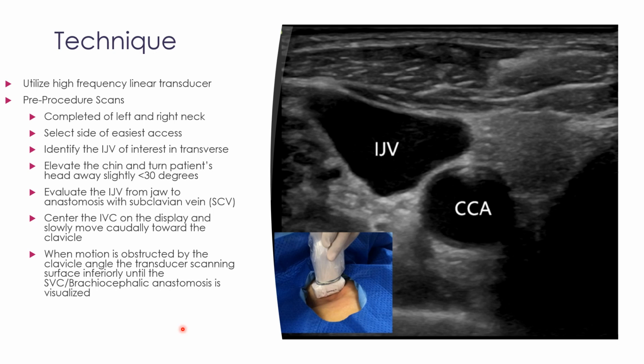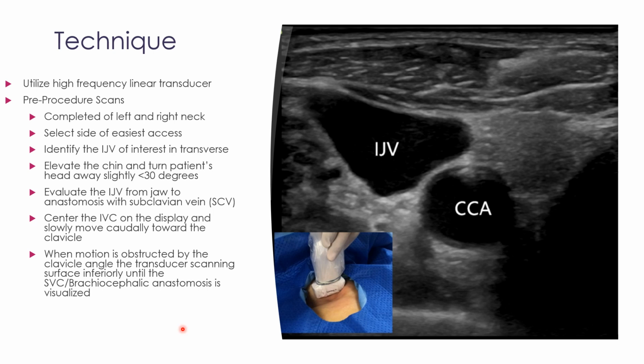And then before you start the procedure, before you even prep your patient, you're really going to take a scan of both sides, just looking for whatever vein or location is going to be optimal for the procedure. Once you see that you have a preferred side, then it will help to elevate the chin and turn it slightly away about 30 degrees from the side of access.